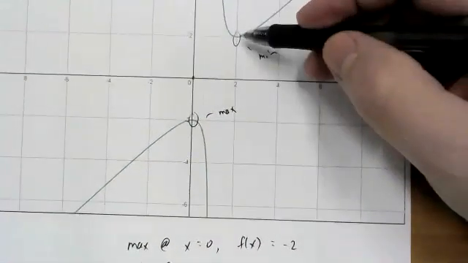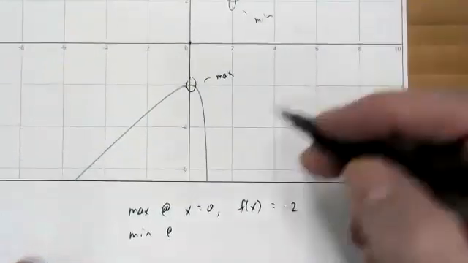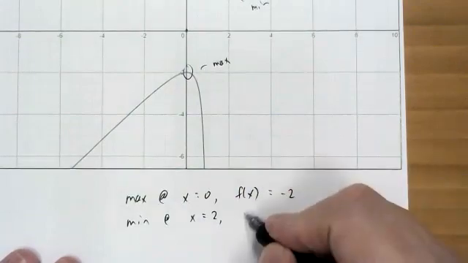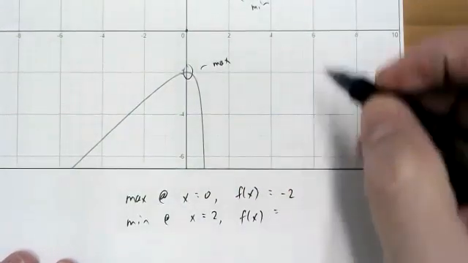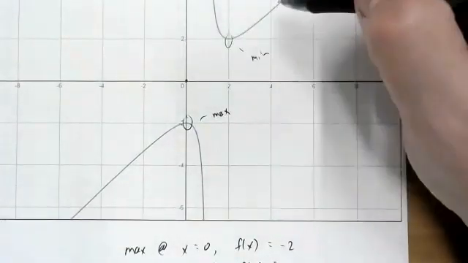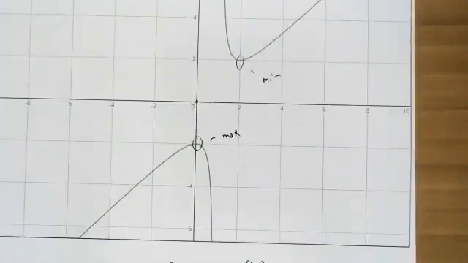The minimum is right here. Looks like it occurs when x is 2. And the value of the function at the minimum looks like 2. And there you go. All right.